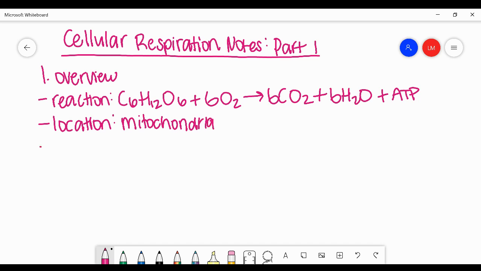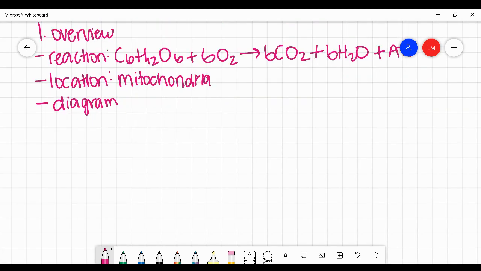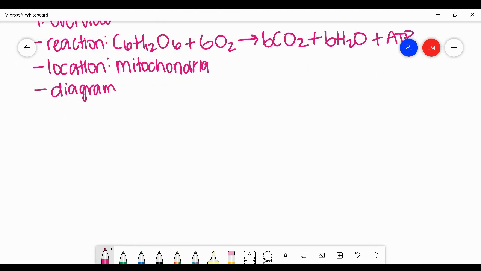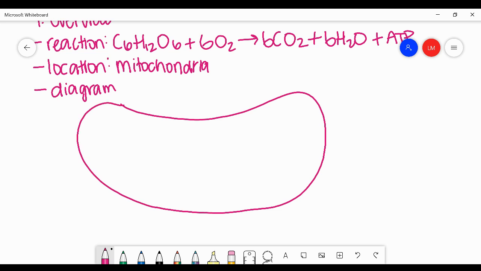So let's draw a diagram of the mitochondria so that when we talk about where these specific processes in cell respiration are taking place, we know what we mean. So mitochondria are kind of a bean-shaped organelle. We have an outer membrane and an inner membrane.